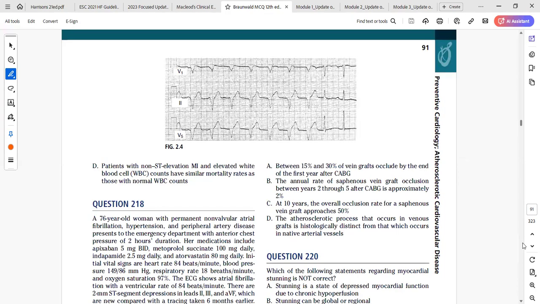This answer is the correct answer, because it's been said that patients that have elevated white cell count in non-ST segment elevation had worse prognosis when compared to those that had normal white blood cell counts. So this is the right option, because this statement is false. They don't have equal mortality rates. Those with elevated white cell count have worse prognosis compared to those with normal white blood cell count.